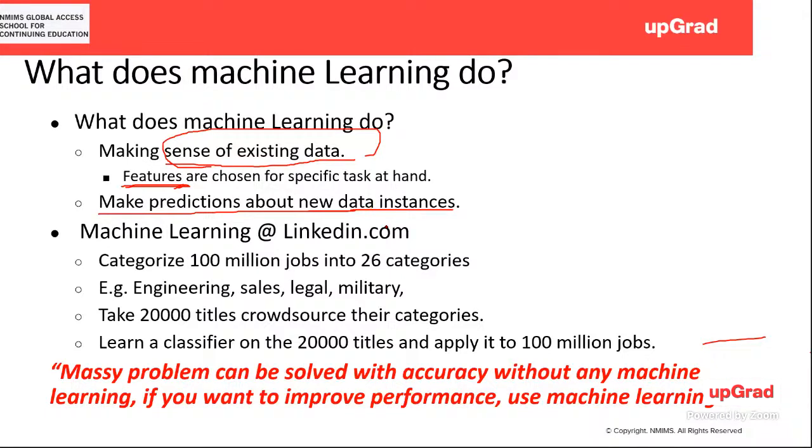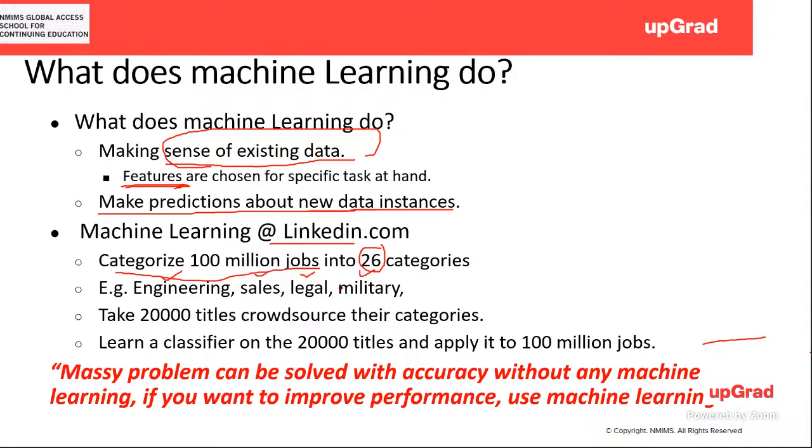So I will give you one example right here. If you see LinkedIn, when LinkedIn started, it saw that there are lots of job titles on their website. People are registering, and everyone has his or her different job title, right? So what they wanted to do was categorize those job titles, whether a job title belongs to engineering, sales, legal, finance, military, these kinds of 26 categories.